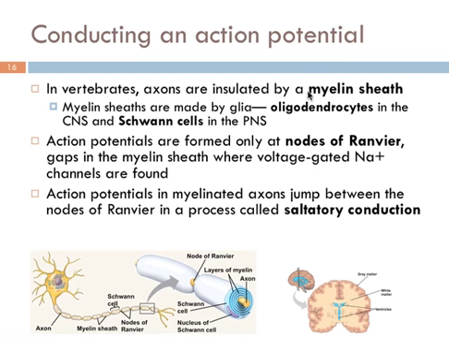The insulating layer that we put along the axon is called the myelin sheath. And it's made by oligodendrocytes if it's a neuron in the central nervous system, or Schwann cells if it's along axons that are located in the peripheral nervous system. So if you zoom in here and you take a look at the structure of the axon, you see that the myelin comes in these kind of sheaths here.